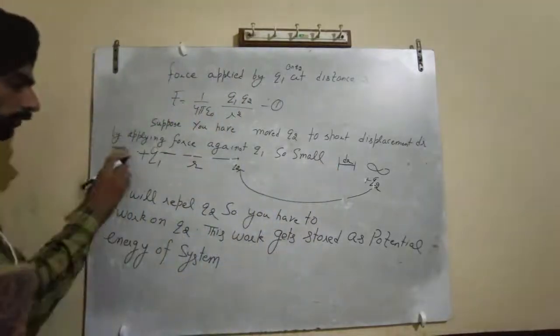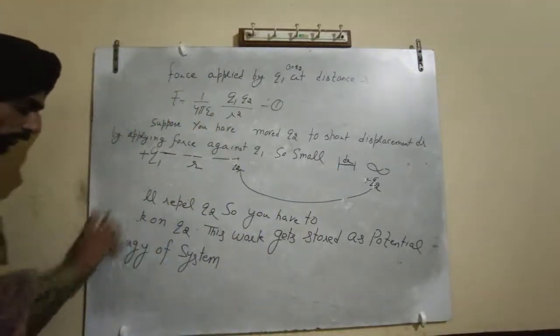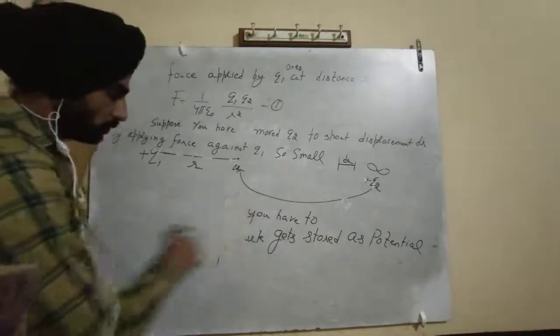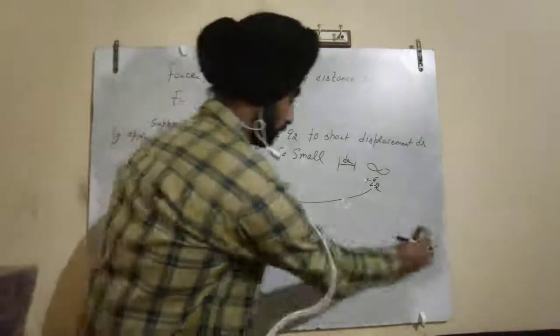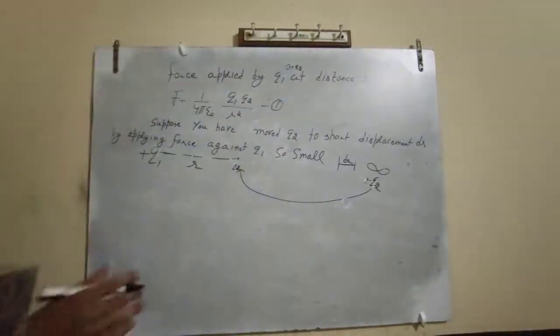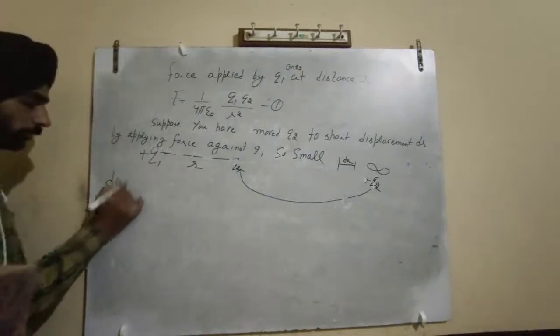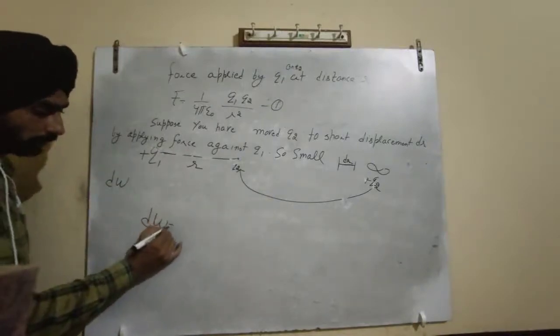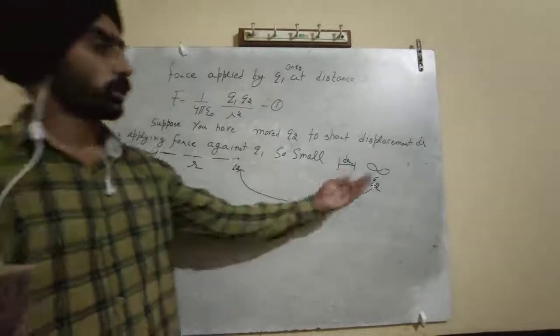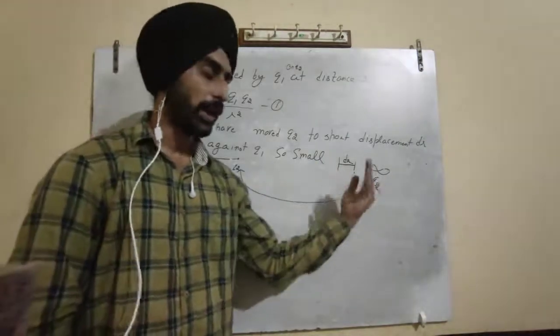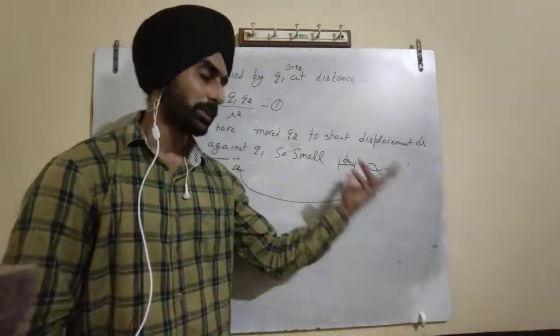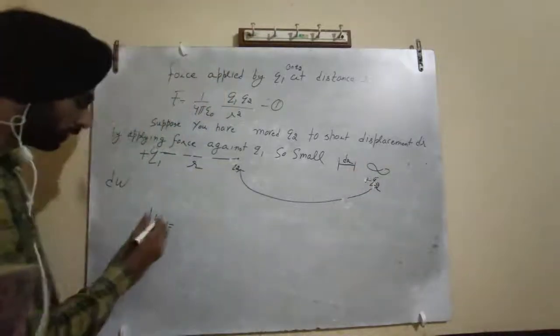So the small work dW will be given by the force dot product with the displacement, because we have applied force only for a small displacement. So small work will be done. What will be the work?